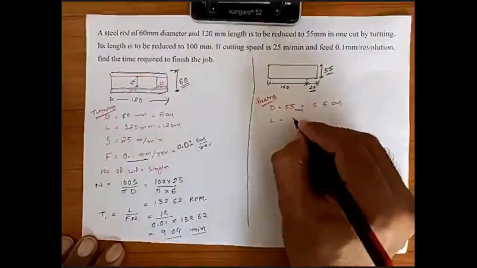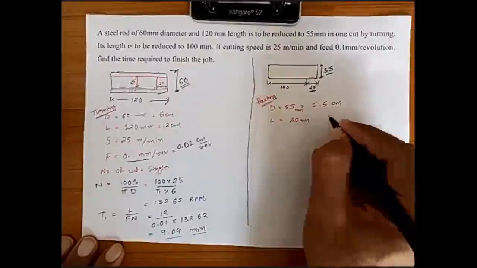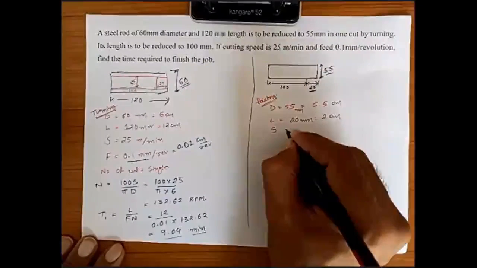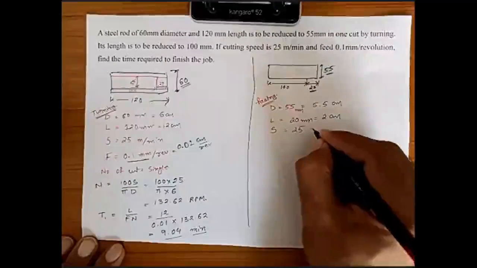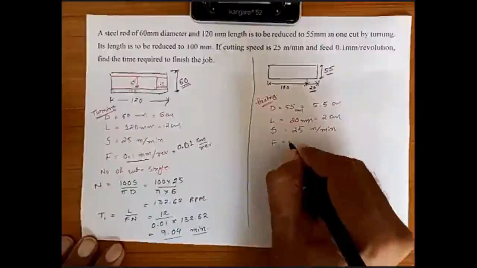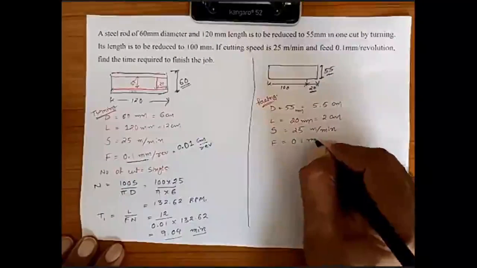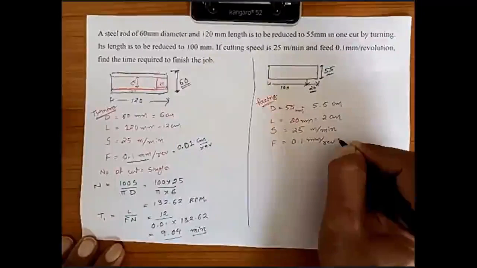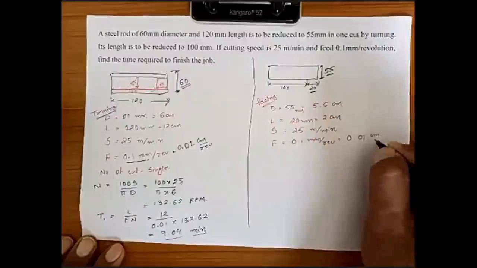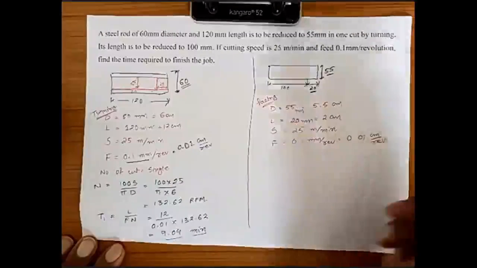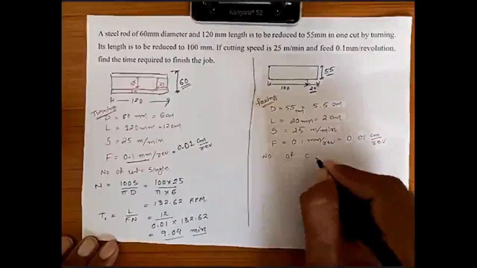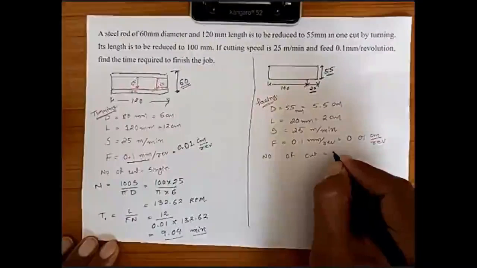L is equal to 20 mm, so 2 centimeter. S is equal to 25 meter per minute. F is equal to 0.1 mm per revolution, so 0.01 centimeter per revolution. Number of cut is equal to 1.